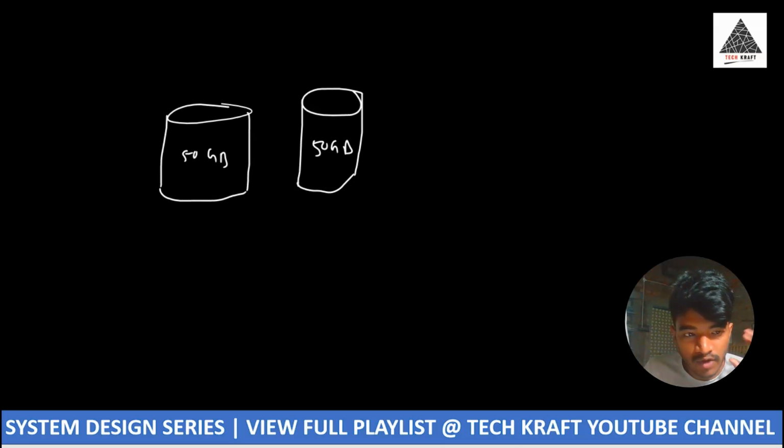Let's say we want some data where some part is in A and some part is in B. Combining these two is joining, doing database operations upon this. Joining these two is a complex operation, and it's not that easy.